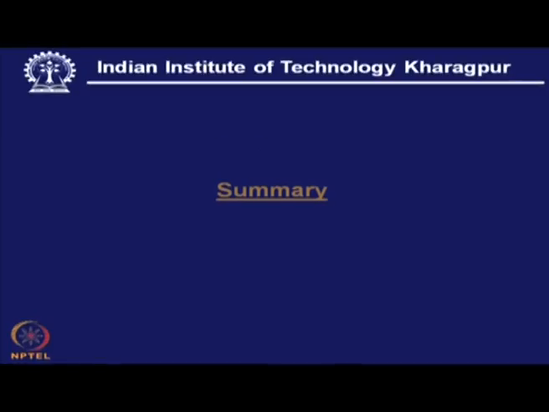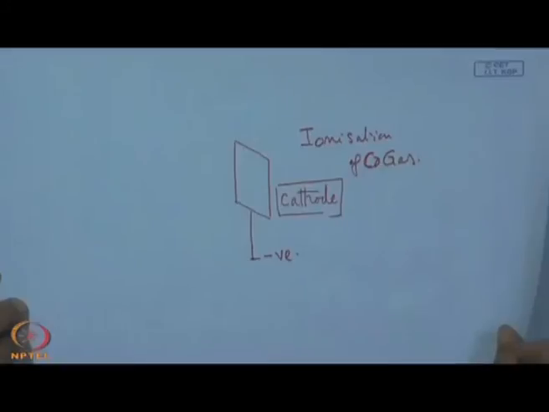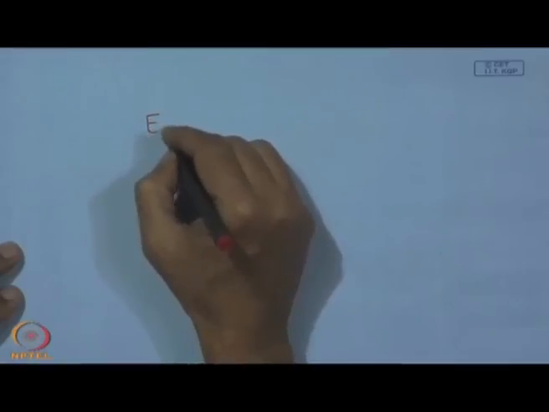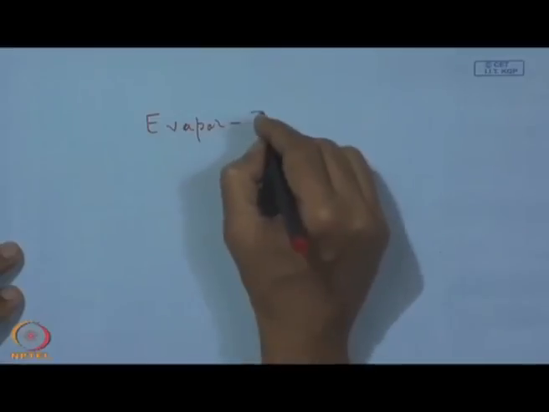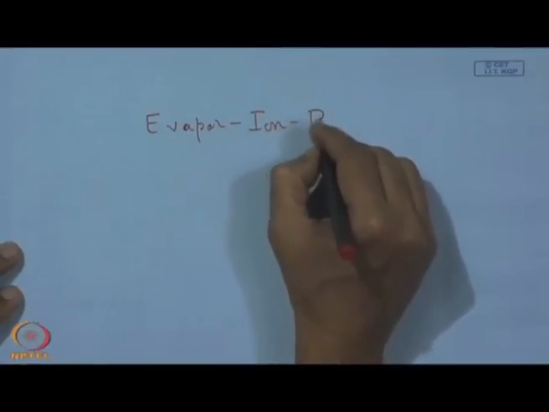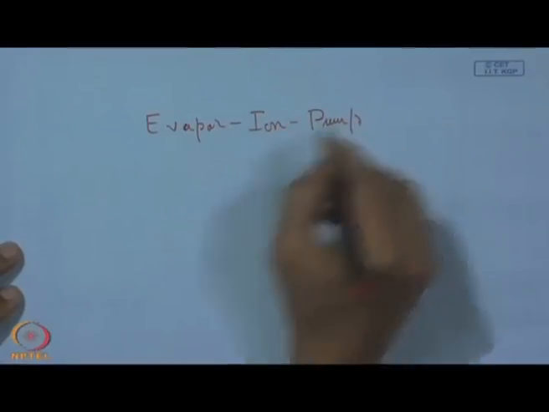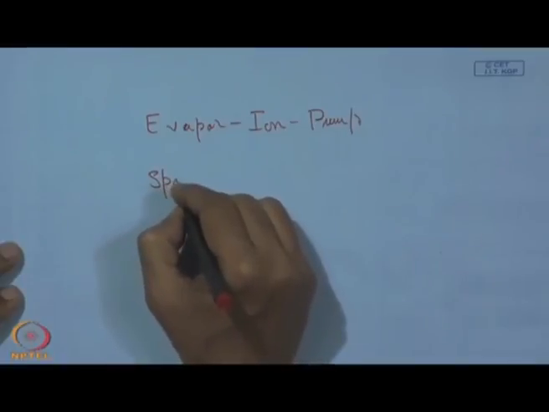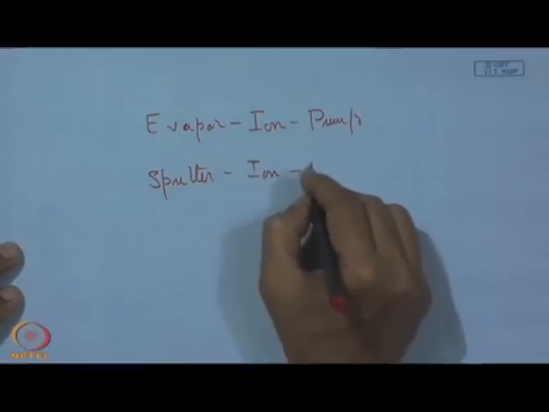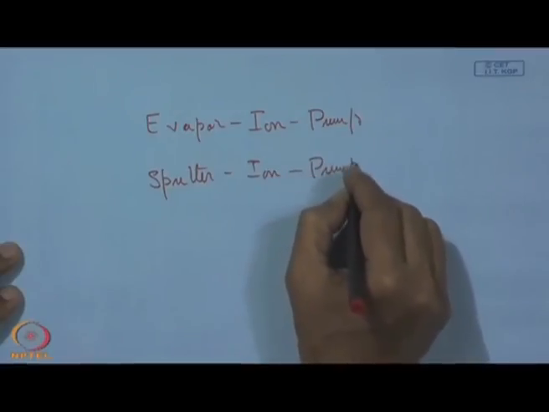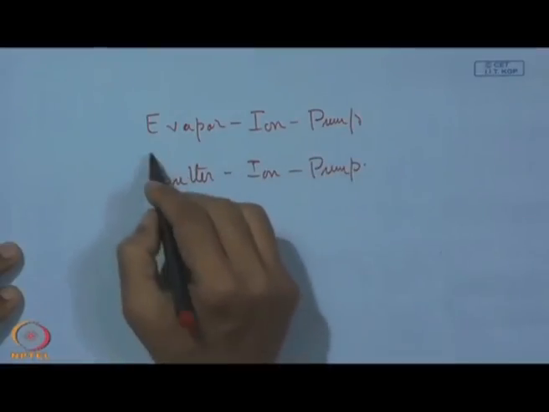Now, in this ion pump we can also have two types of pump, either evaporation ion pump, or sputter ion pump. Now, in both the cases what happens?